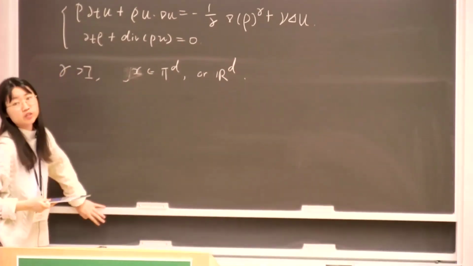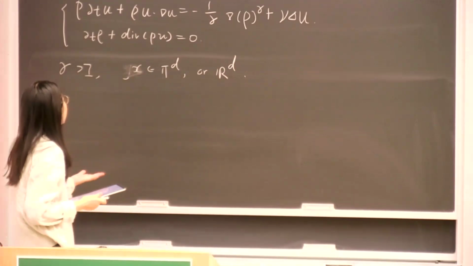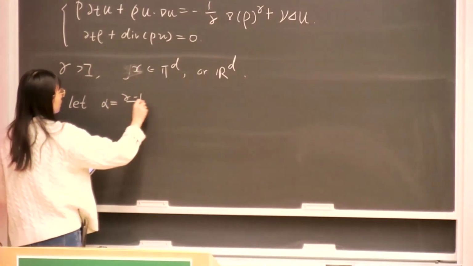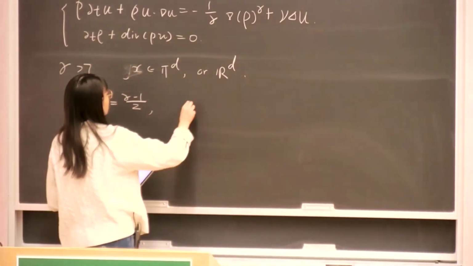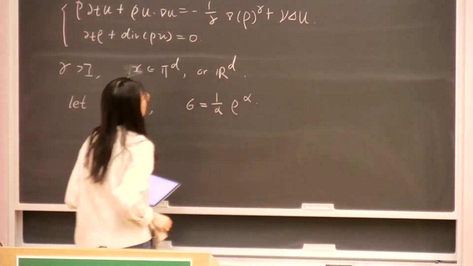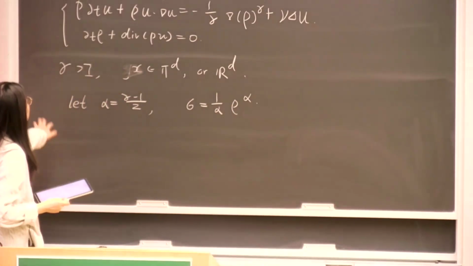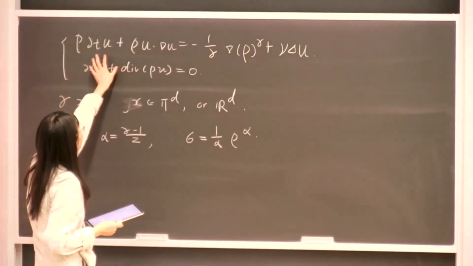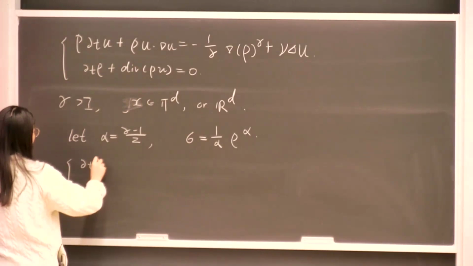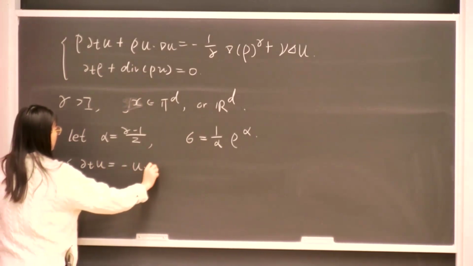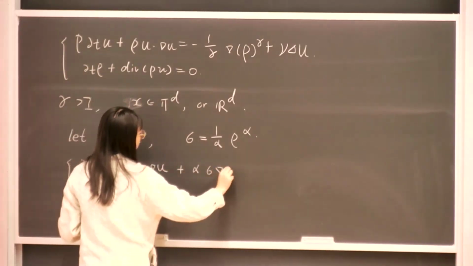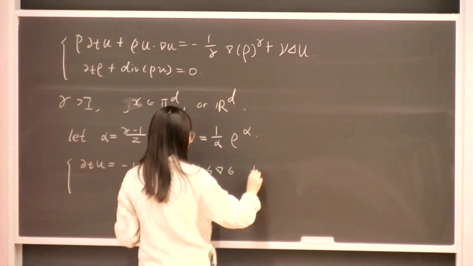The first thing is to rescale the density, and we let the small alpha be (gamma minus 1)/2. And this is the rescaled sound speed, sigma equals 1/alpha times rho to the alpha. So now instead of finding the equation for u and rho, you derive the equation for u and sigma. The pressure gradient becomes sigma gradient sigma.